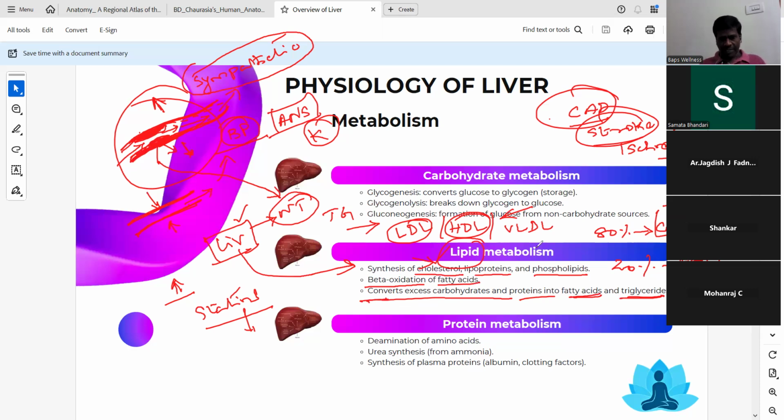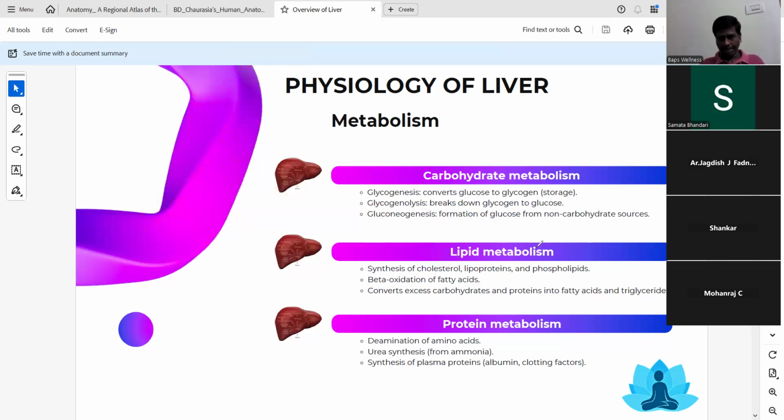Then comes protein metabolism. Here the deamination of amino acids and urea synthesis from the ammonia, that is from the protein sources, whatever protein that you take.